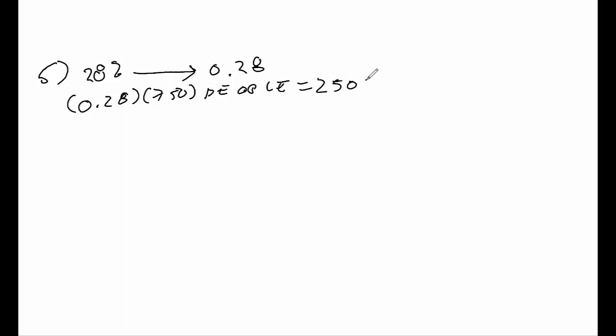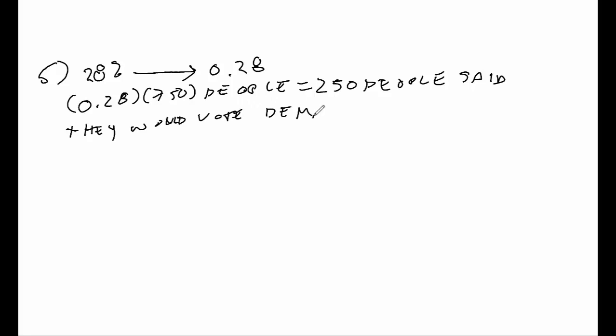Remember, they're 250 people, so it's very important that you write people. Otherwise, one has no idea what you're talking about. So 250 people said they would vote Democrat. And that would be the answer to this question.